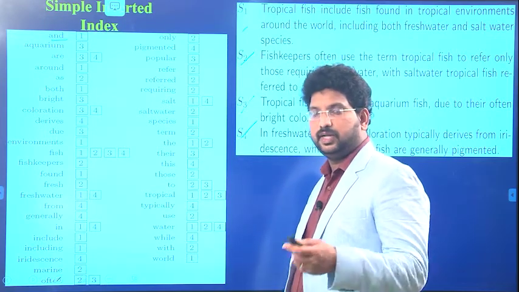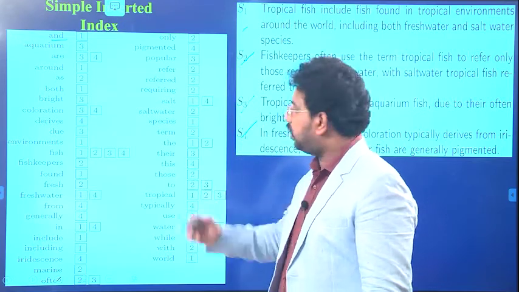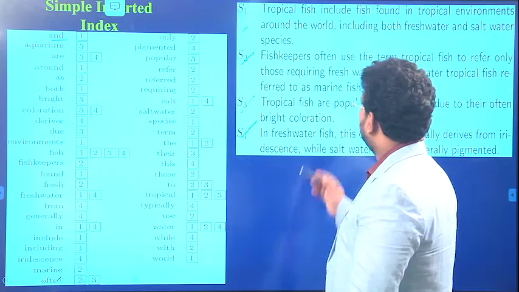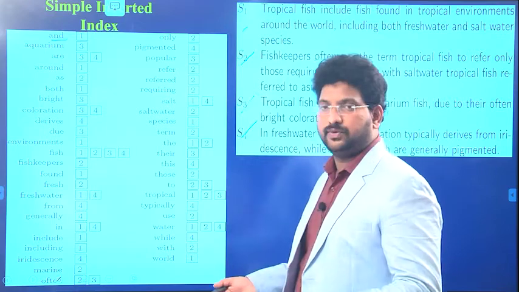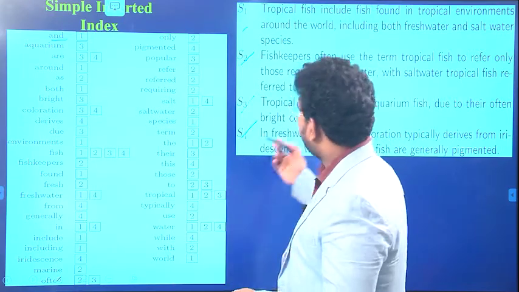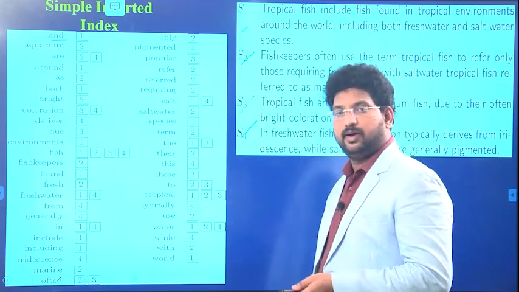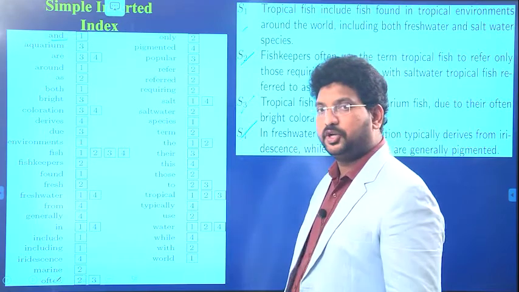When you observe all the individual words, all the words are arranged in alphabetical order. So this is the first point you have to observe here. All the documents consist of different textual information with a number of words, all the words are identified and arranged in alphabetical order, followed by the document number.